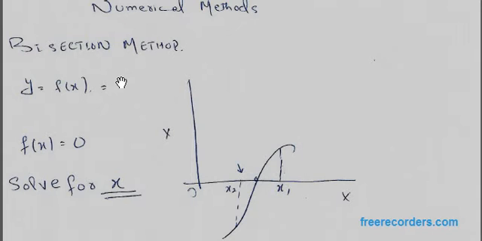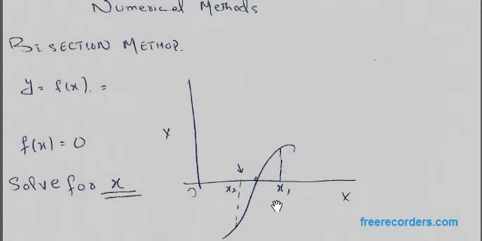Suppose we have an equation and we want to solve for y. Suppose we have a function f of x equal to y, and now if I draw a vertical line and a horizontal line, this is my y and this is my x, and my equation looks like this. As you can see, we need to find this value.